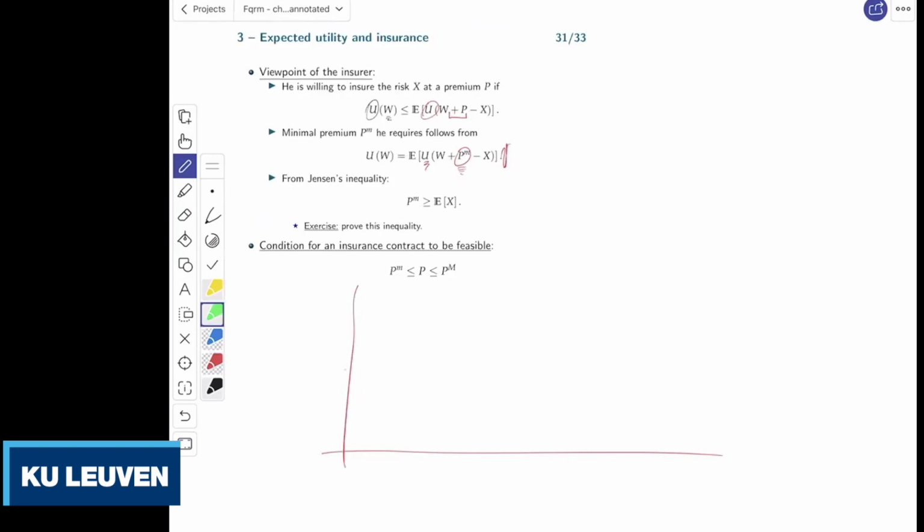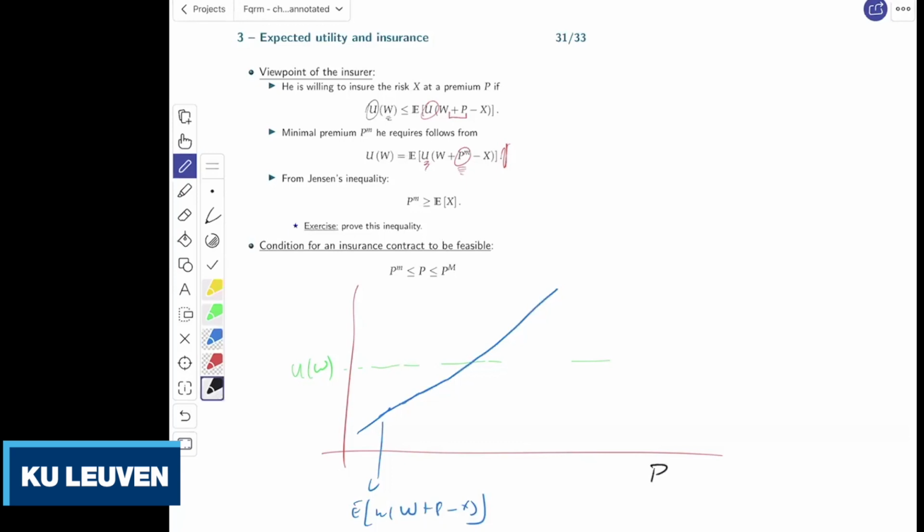Because now you are in a situation where you have here U of W, the utility when you are not insuring anything. You have the premium P here, and your expectation of U of W plus P minus X. The blue line is an increasing function of your premium.